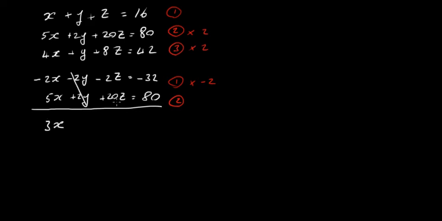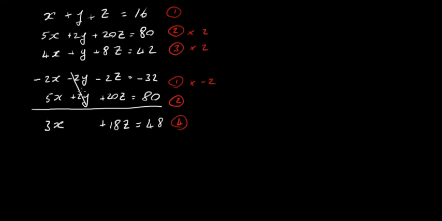And here I have plus 20z minus 2z, that will give me plus 18z. And over here then we have 80 minus 32, that'll give me 48. So that I'm going to call equation number 4.